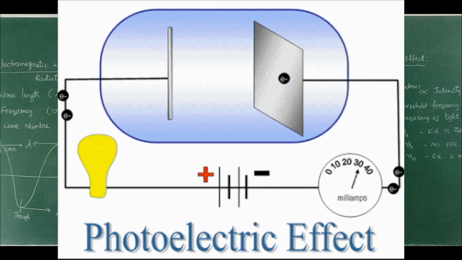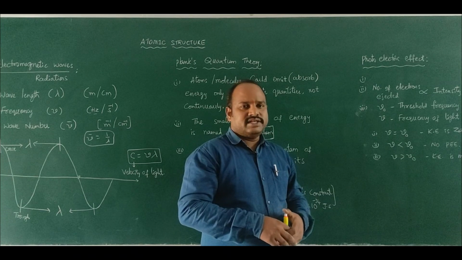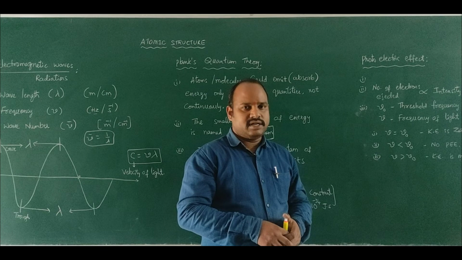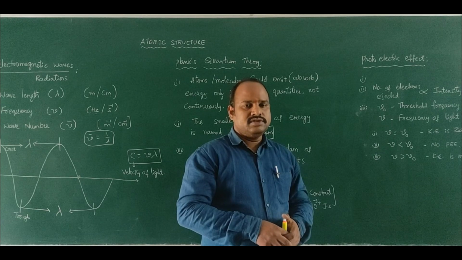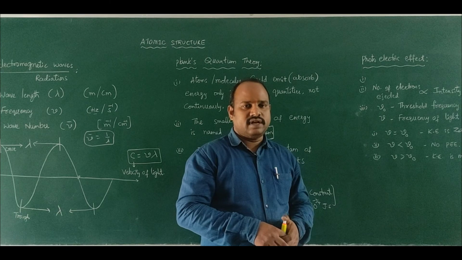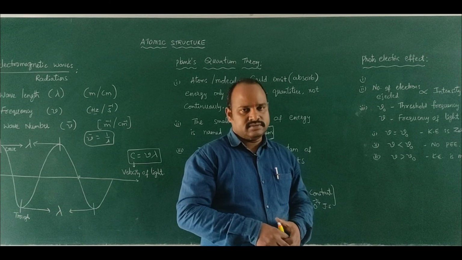This setup is named the photoelectric effect. In general we can define the photoelectric effect as the ejection of electrons from special metals like potassium, sodium, rubidium, cesium by the action of light.